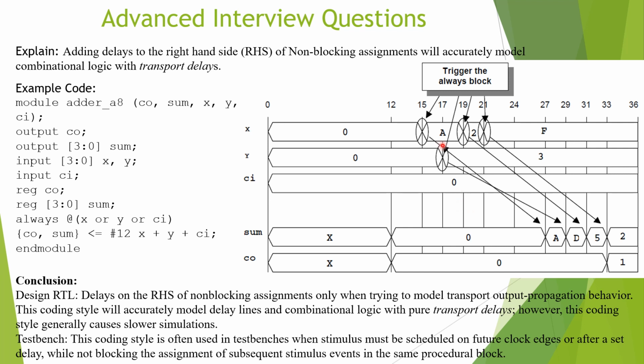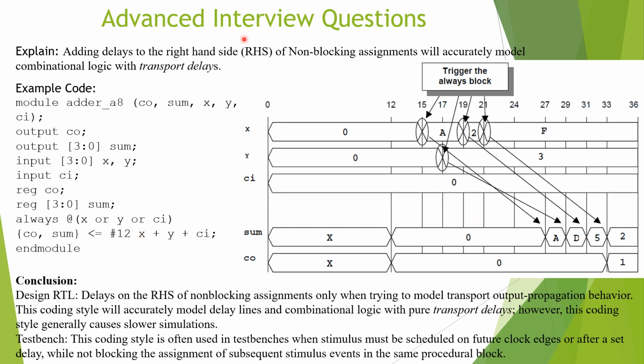If the input X changes at time 15, and then all other inputs are also changing over the next time, the outputs have been queued or scheduled for future assignment, but not yet assigned. So all these input changes result in different values of the outputs, but those outputs are not assigned, and they are skewed because we have to wait for the #12 delay.